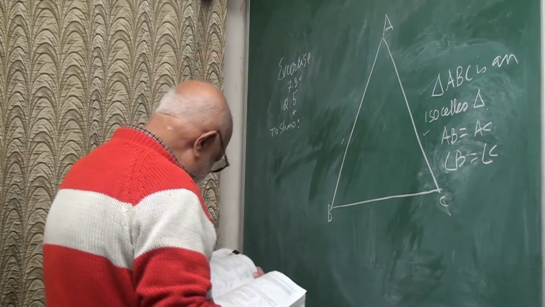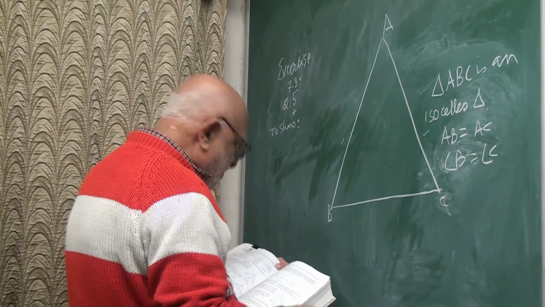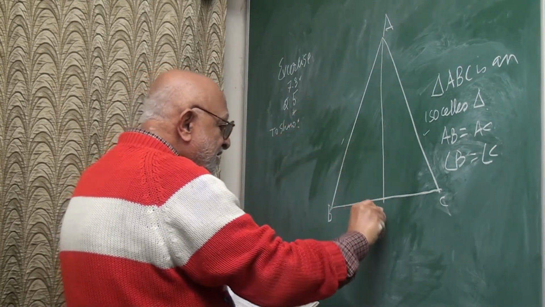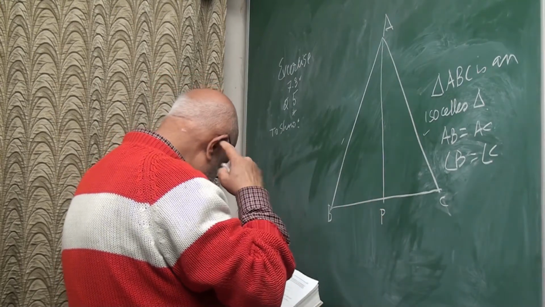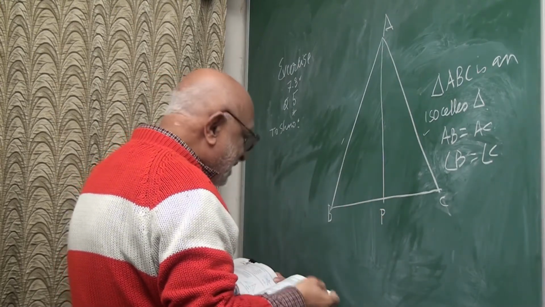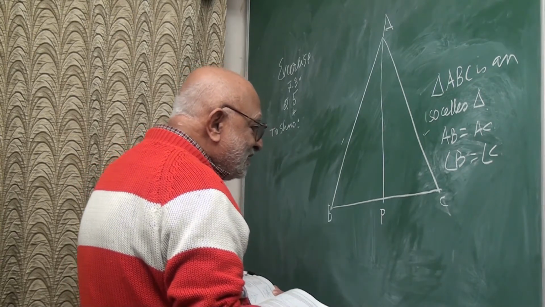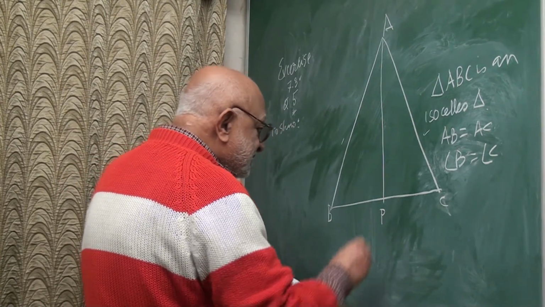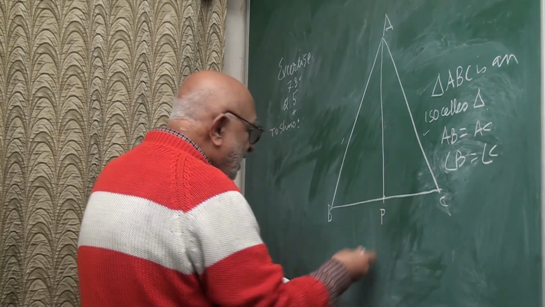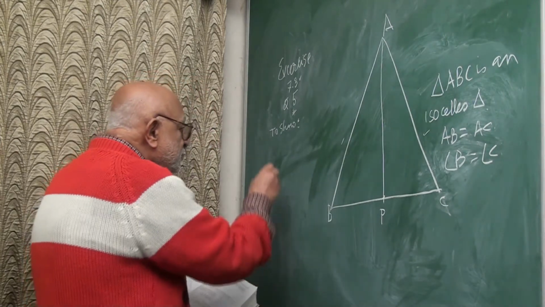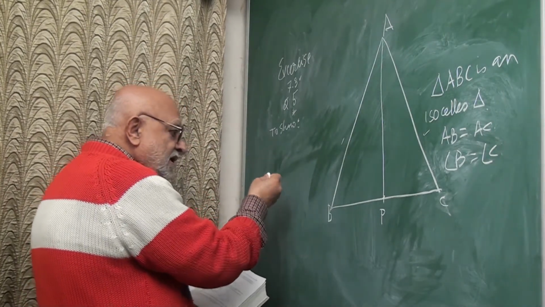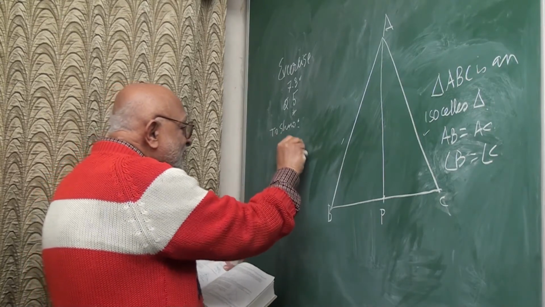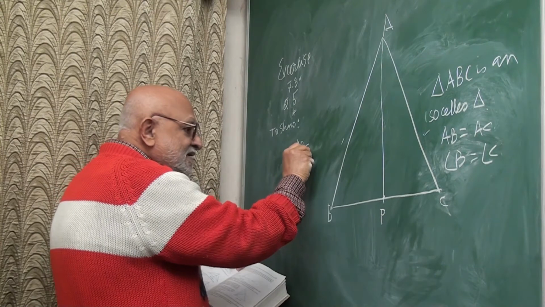Anyway, for completeness, it says draw AP perpendicular to BC to show that angle B equal to angle C. Okay, anyway, we will do that, and to show AB equal to AC, which is already given.